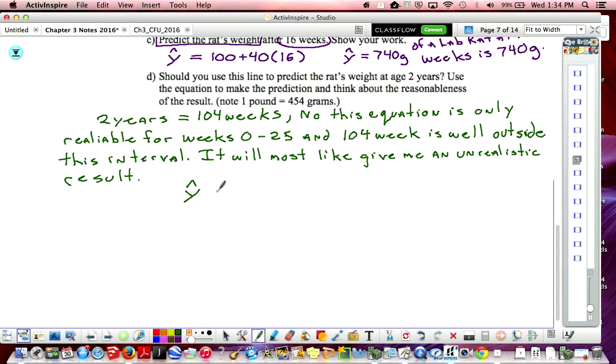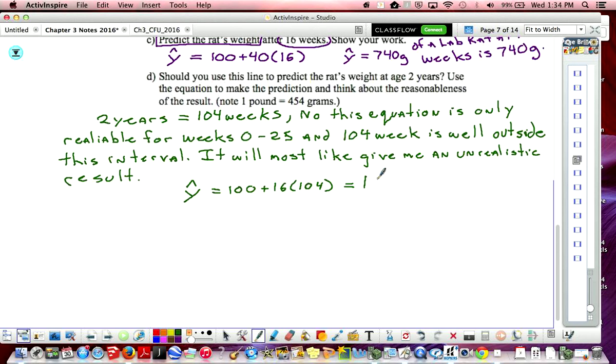So, if I were to put in 104 here, $104 times 16 plus another 100. How much is that? Wow. It would be like 1,000.